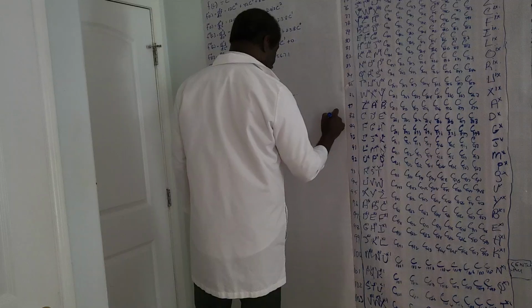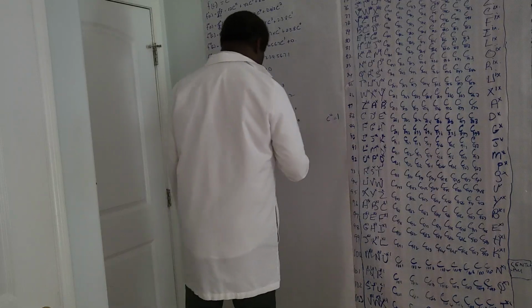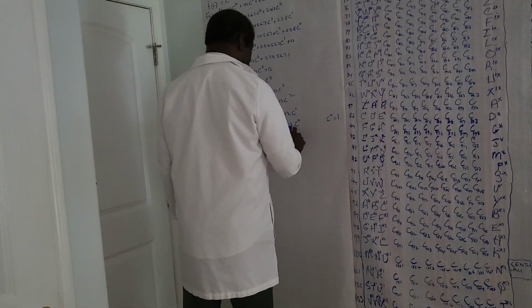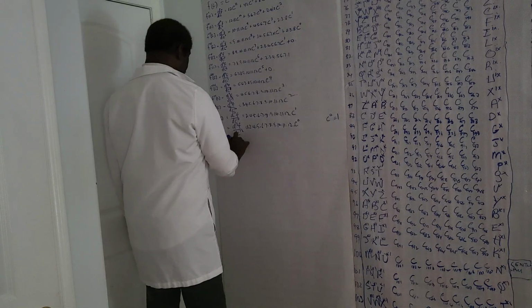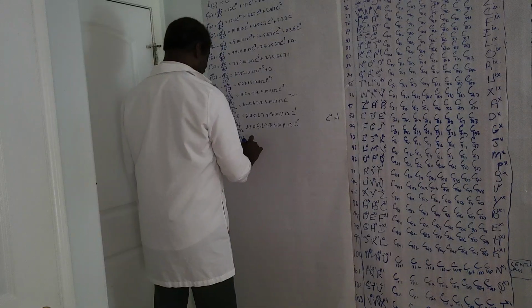But then we know anything to the 0 is equal to 1. So actually this is times 1. And therefore we have it. And if we should differentiate to the 13th order, we get 0. So we have d13 of f by dc13, and that will be equal to 0.